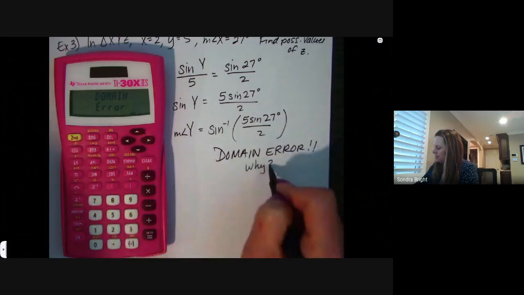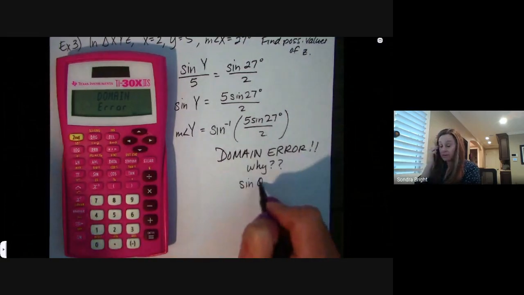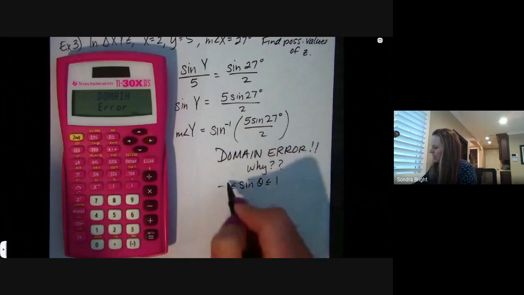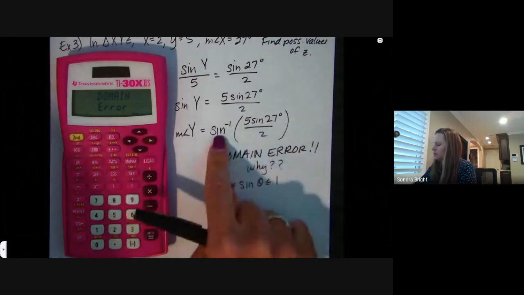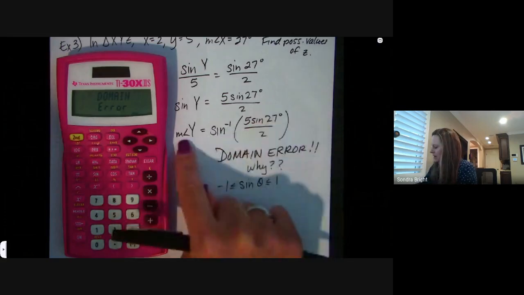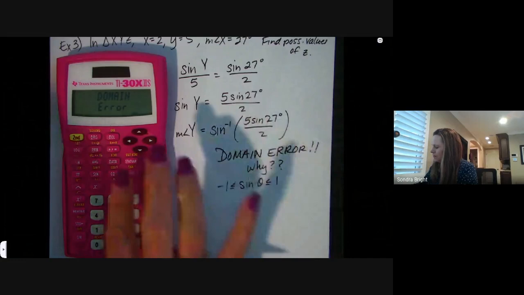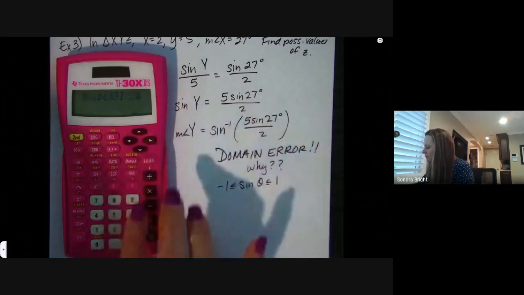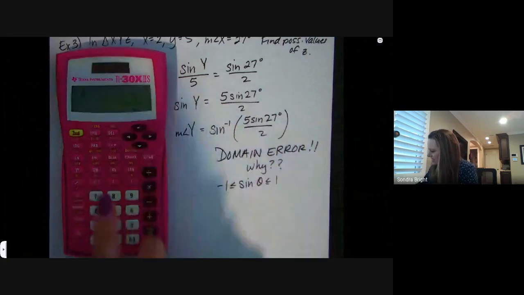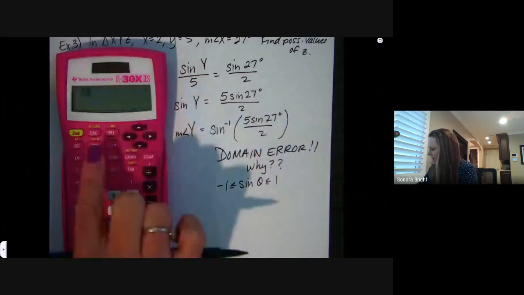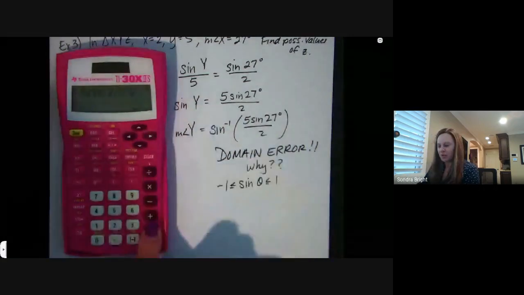Do you remember that sine of any angle has to be between 1 and -1? So sine of angle y is equal to 5 times sine of 27 degrees divided by 2, which is about 1.134.